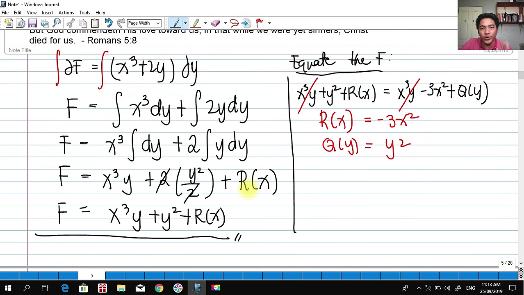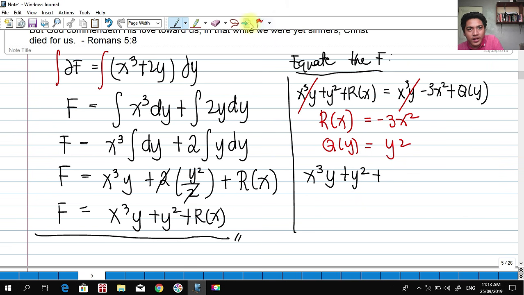Okay, because whenever we do integration, we have a constant c, which is a very common, general constant. So, if I'm going to use this, I will have x cubed y. The general solution for our DE is x cubed y plus y squared plus, what is this?